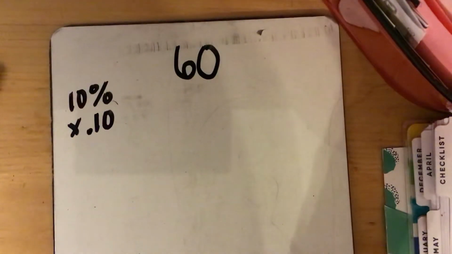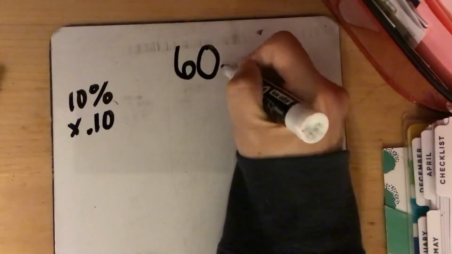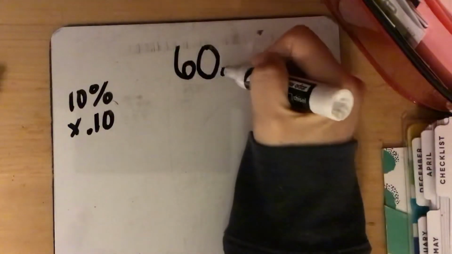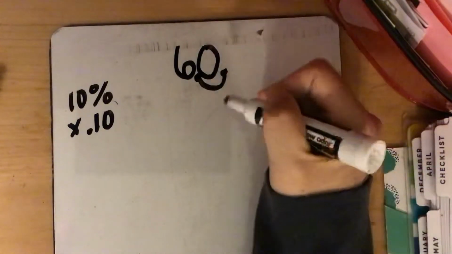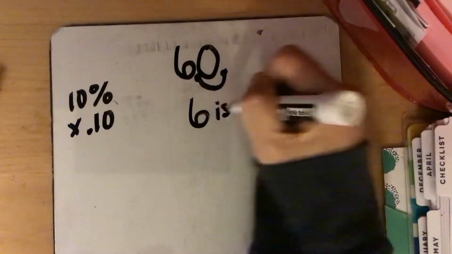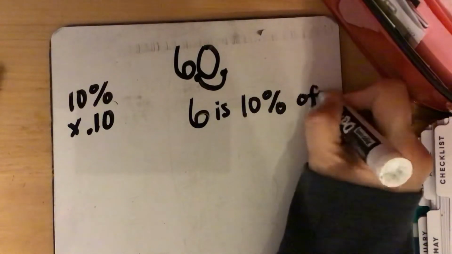And when you're multiplying by a multiple of 10, all you have to do is move the decimal. So in 60, here is the decimal. We would move the decimal over 1 spot, and 6 is 10% of 60.